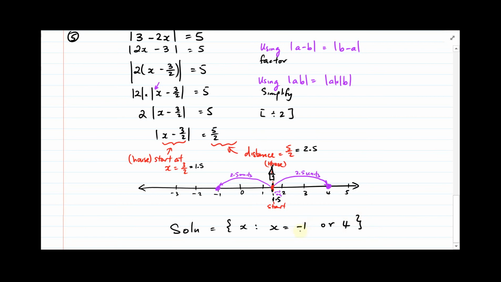If you check negative 1 in the solution, you will indeed see that it works out. If you put 4 in the solution, 4 times 2 is 8, 3 minus 8, absolute value of negative 5. The absolute value of negative 5 is 5, so both solutions are true. And it makes sense.